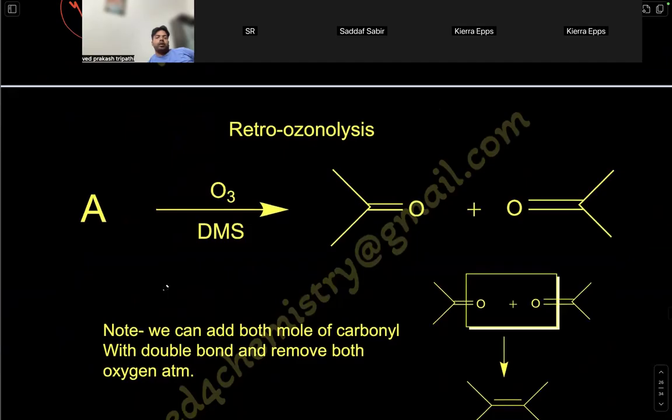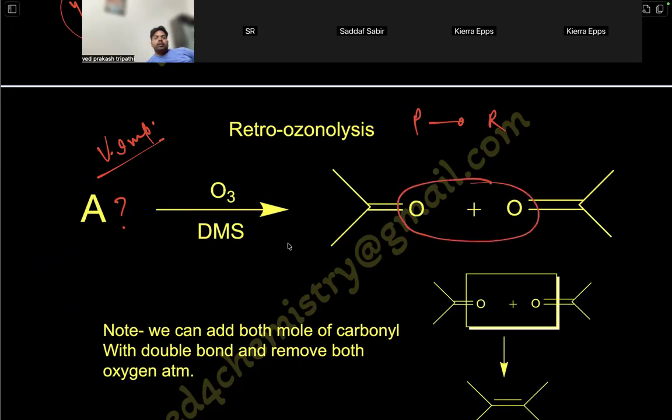Retroozonolysis, very, very important. Retroozonolysis means product to reactant. So this one is my product and we have to figure out the reactant. The simple thing is to combine both the oxygens and remove them and add the carbon-carbon bond. So carbon, double bond, carbon. So this would be my reactant.